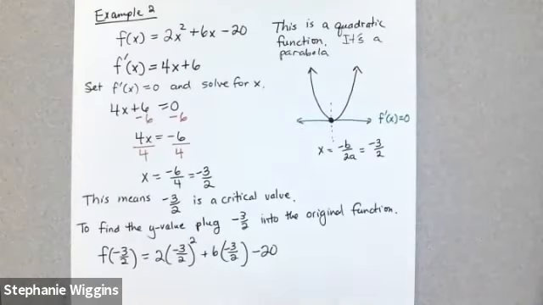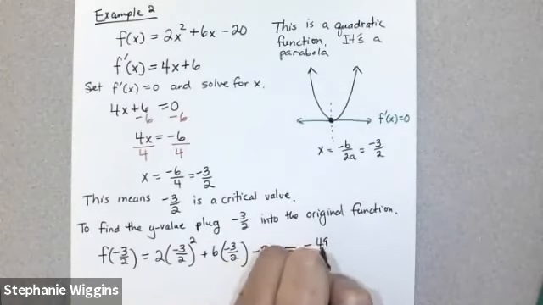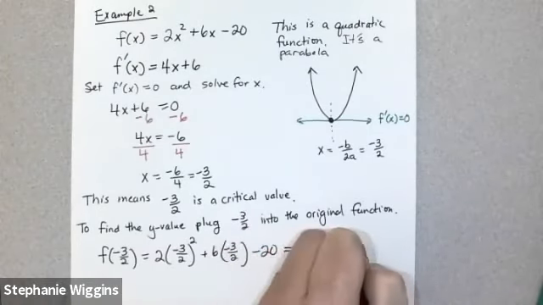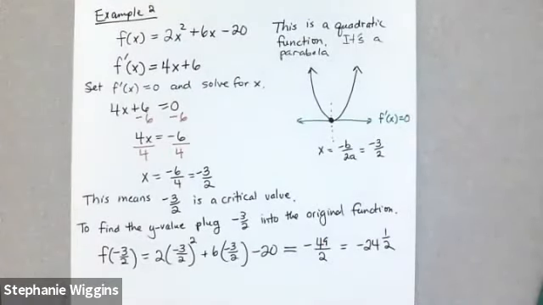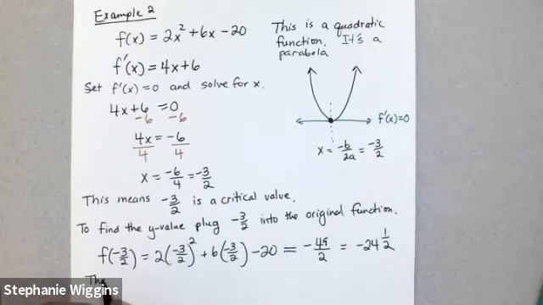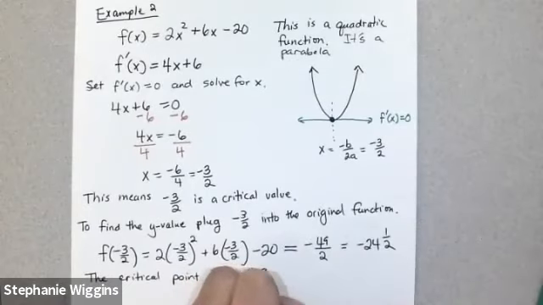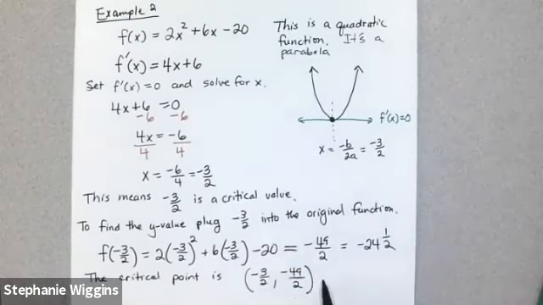So when I calculate that, and I did this earlier, so I know the answer is minus 49/2, which you can think of as -24 1/2. Okay? So this means that -3/2 is a critical value, and the critical point is -3/2, and I'll just put -49/2 there. This is the critical point.